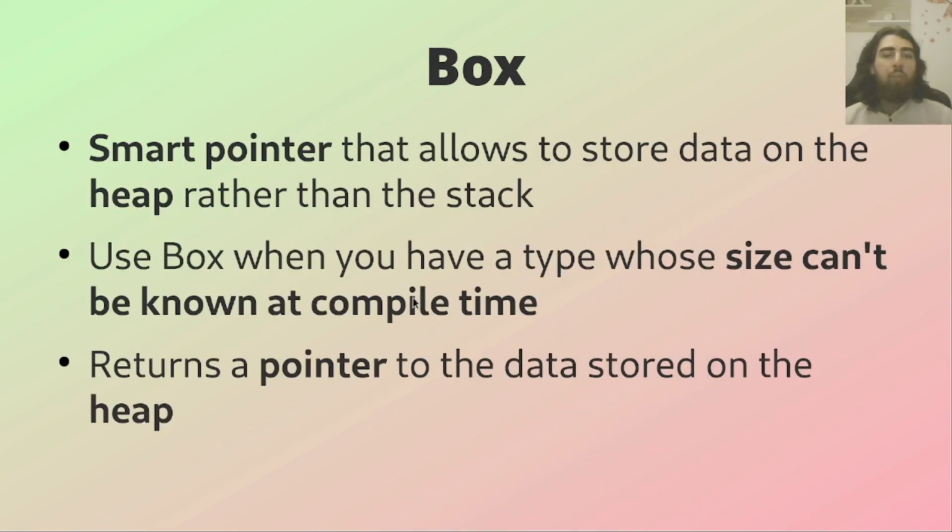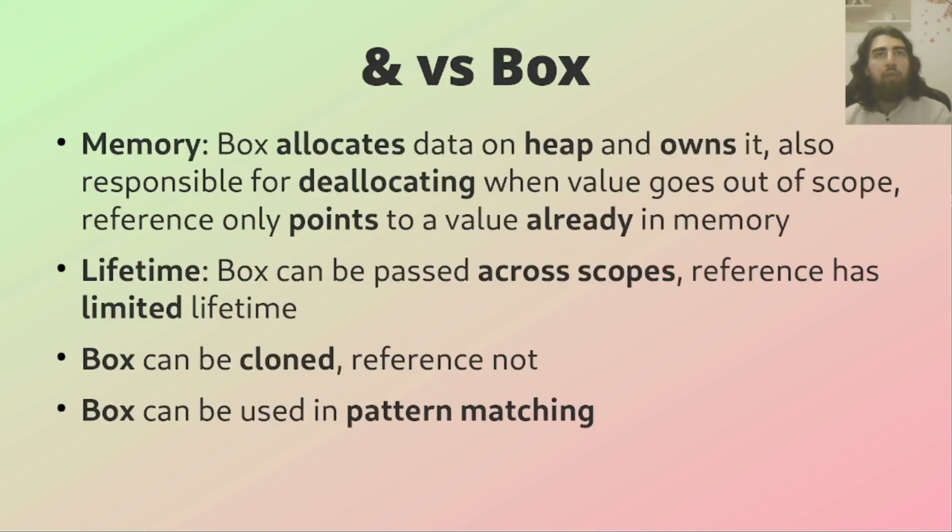So let's see Box. Box is a smart pointer that allows you to store data on the heap rather than the stack. And you can use Box when you have a type whose size can't be known at compile time. It returns a pointer to the data stored on the heap. So what's the difference between a reference and a Box? In terms of memory, a Box allocates the data on the heap and owns it.